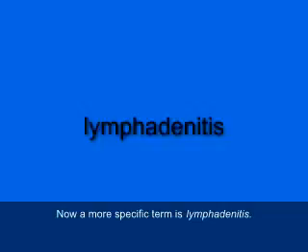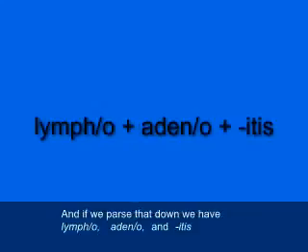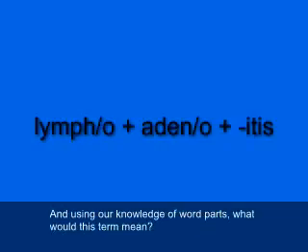Now, a more specific term is lymphadenitis. If we parse that down, we've got lymph, adeno, and itis. And using our knowledge of word parts, what would this term mean?